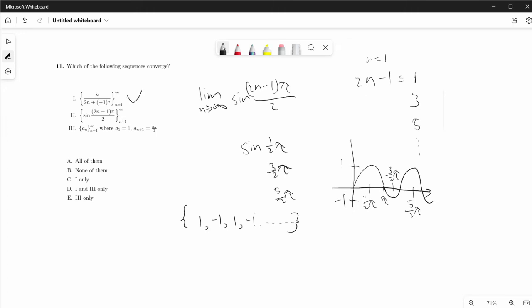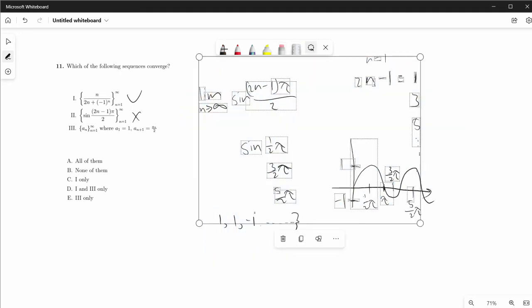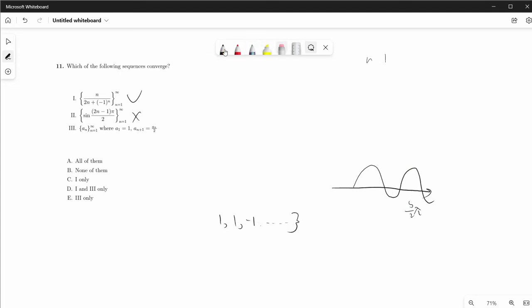So we have number 1 is convergent, number 2 is divergent, and now we can do number 3. Number 3, we have a of 1 is 1, and a of n plus 1 equal to the previous number divided by 2.